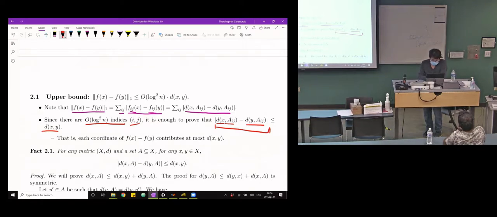Okay, so that's our goal. Because there are just log n squared indices, we would have this. So that's our goal. We would like to prove that this thing is at most the original distance.